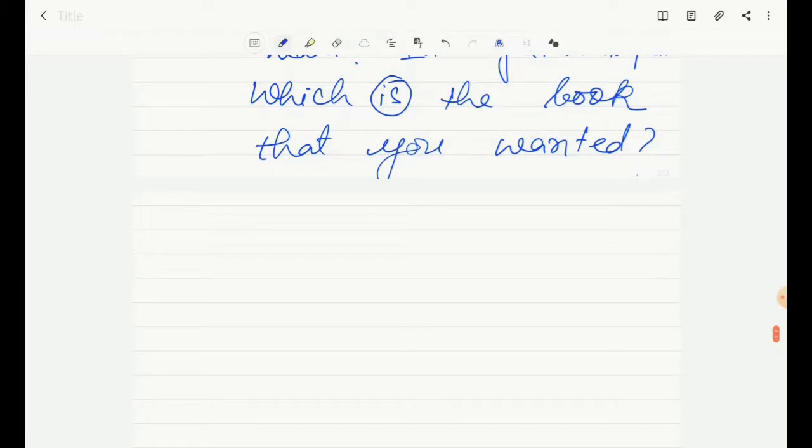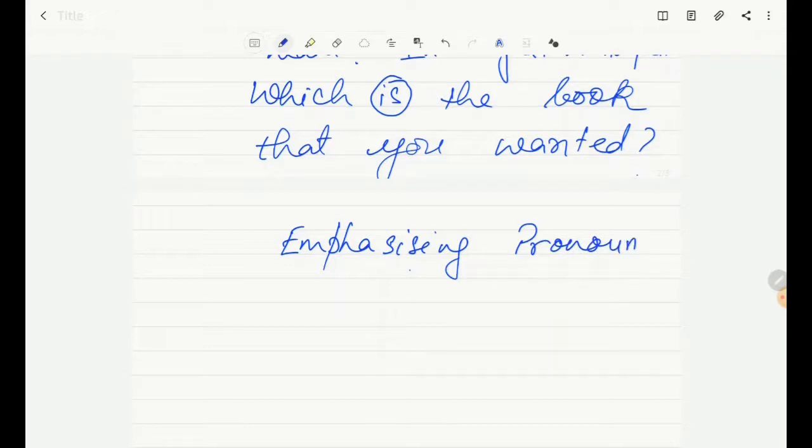The next category of the pronoun is the emphasizing pronoun. It is also known as emphatic pronoun. Now, the emphasizing or emphatic pronoun, as the name suggests, refers to giving emphasis on something particular.